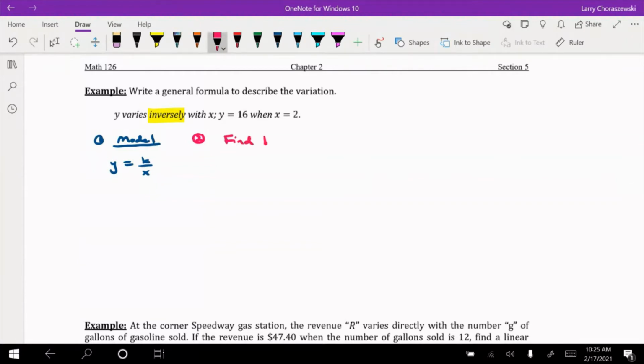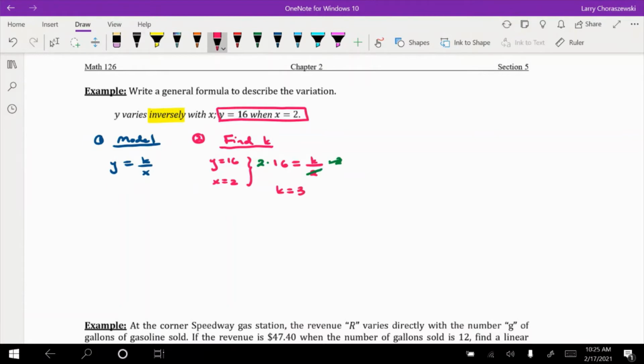Move on to the second step where we want to find k. And this information right here, much like in the last problem, can help us do that. y is equal to 16 when x is equal to 2. Plugging 16 in for y and 2 in for x, the algebra involved this time would be to multiply each side by 2. That cancels out our denominator on the right.